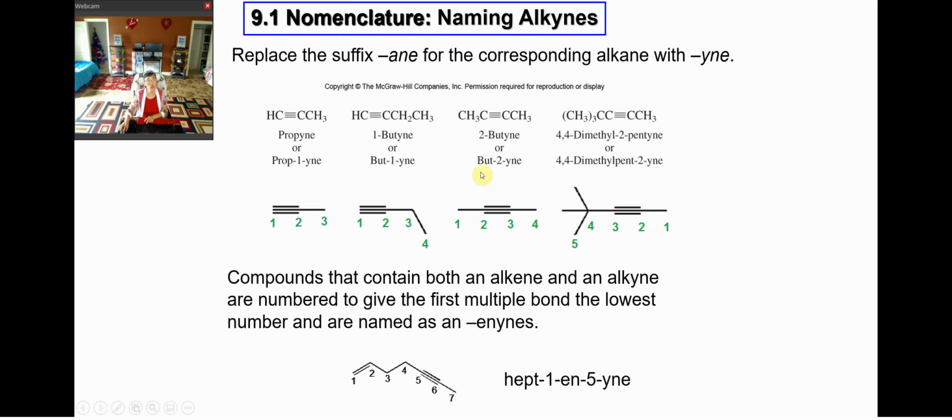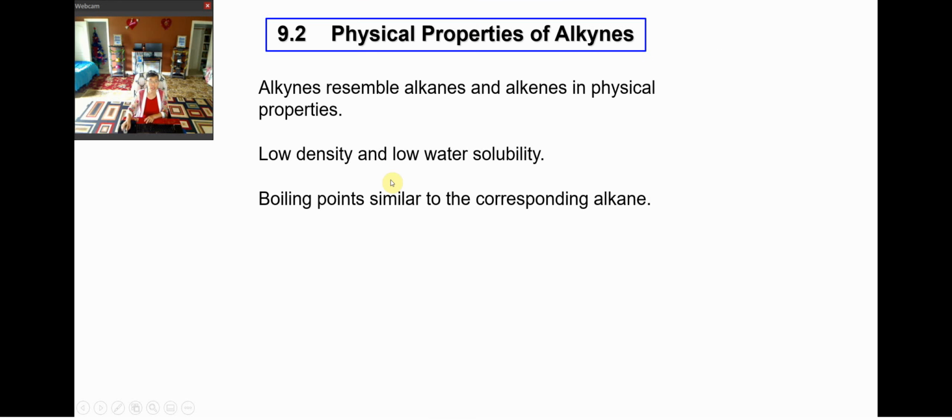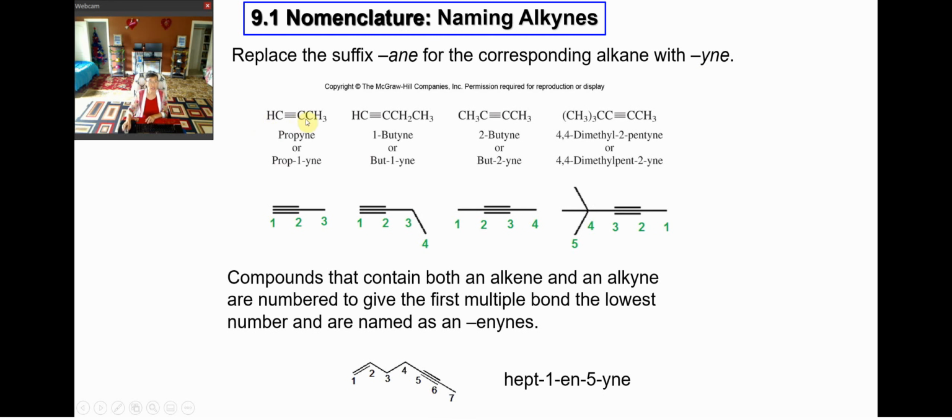And about the nomenclature of the alkyne, essentially you base it on the corresponding alkane, the single-bonded hydrocarbons. You simply replace the ANE suffix with the YNE suffix. For example, if we have these 1, 2, 3 carbons, you call it propane.